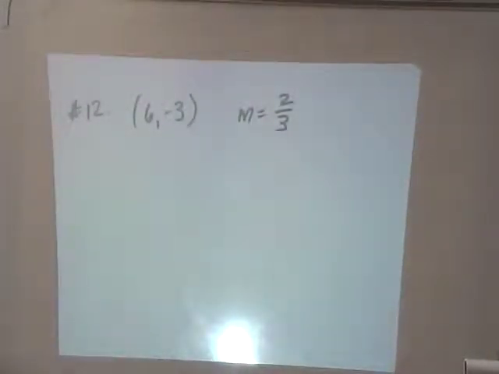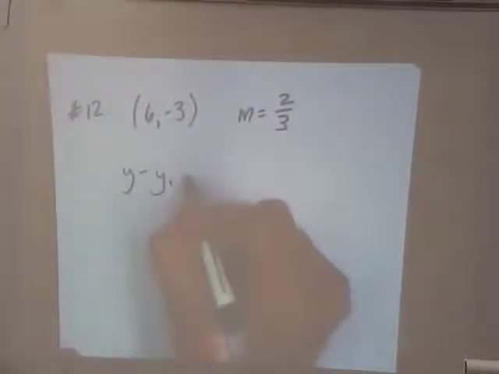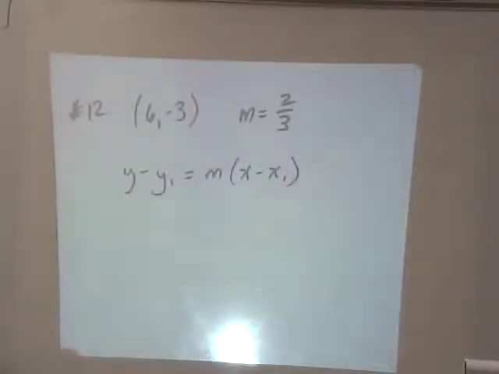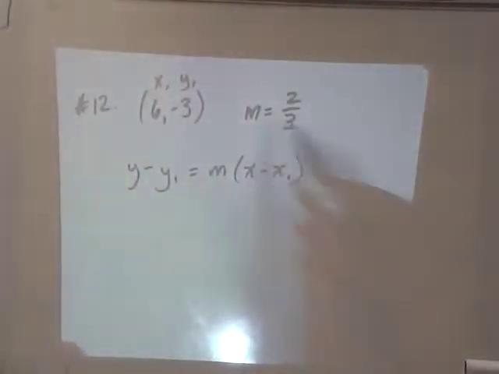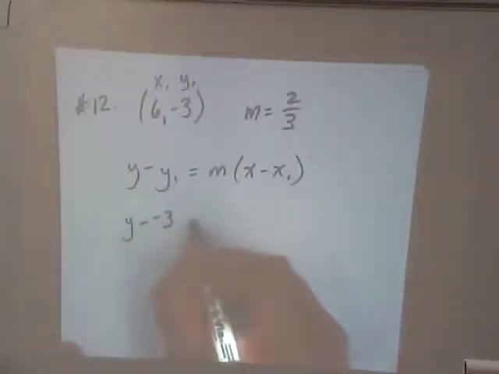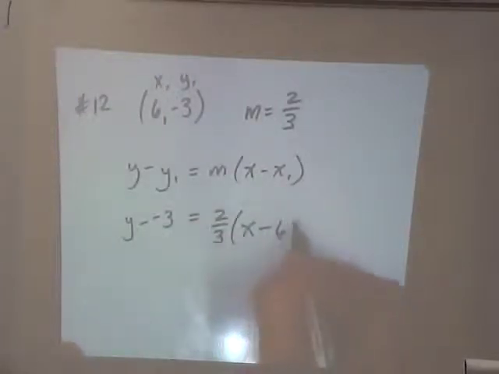So we need to start with point slope form. Y minus y1 equals m times x minus x1. This is our point, x1, y1, and then our slope. So plug it in. So I get y minus negative 3 equals 2/3 times x minus 6.